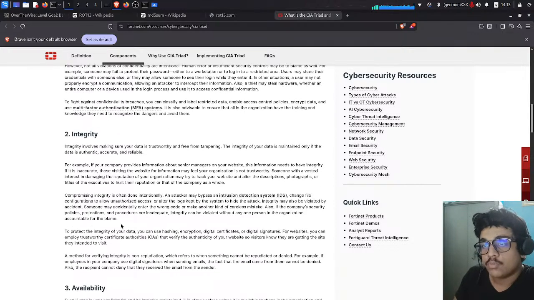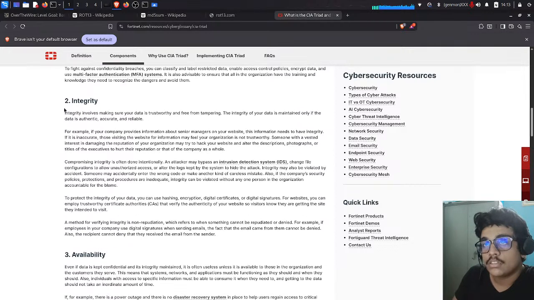So let's move to integrity. Integrity involves making sure your data is trustworthy and free from tampering. Tampering is basically the altering or changing of data.